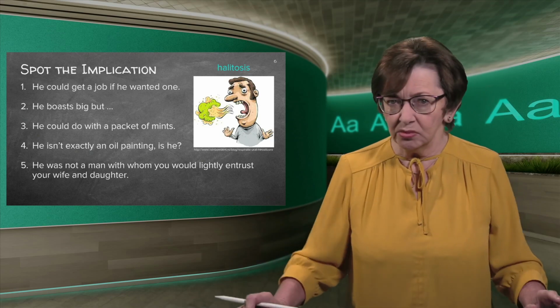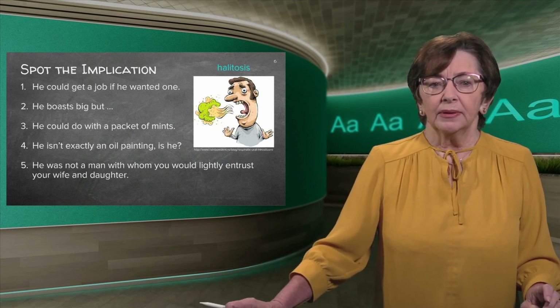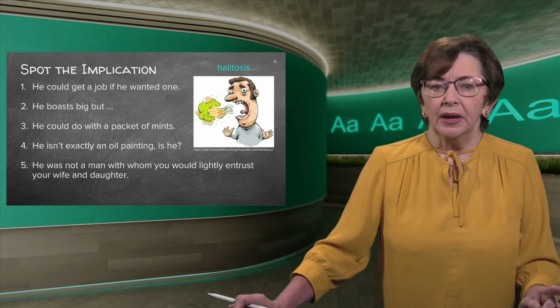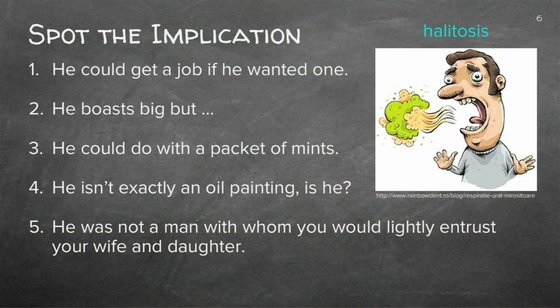So you say something, but you imply something else. You haven't said it at all. You haven't said that he has bad breath, but you've implied it. So, he isn't exactly an oil painting, is he? You are just suggesting, you are implying that this person is not very attractive, right?